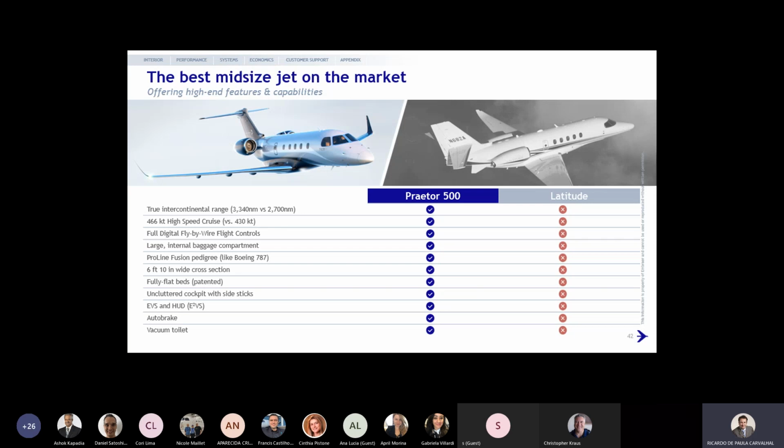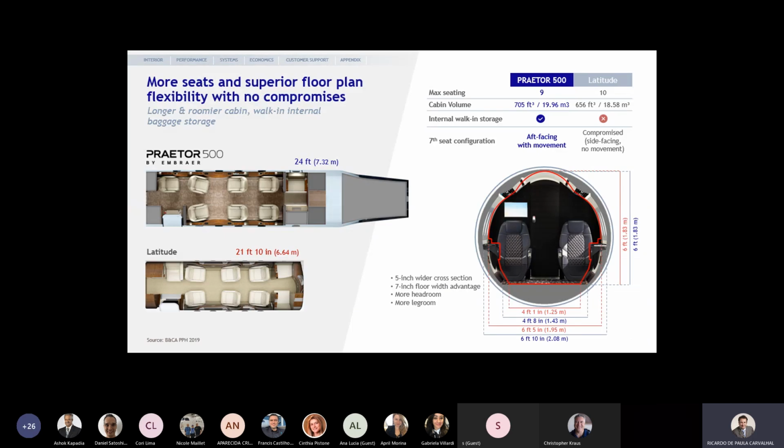However, as you can see in the slide, the Latitude is an inferior product to a large extent. This is just showing the cabin for you. You can see the cross-section, same height, 5 inches narrower. And you can see cabin length as well. While we offer 24 feet of usable cabin length, the Latitude will have 21.